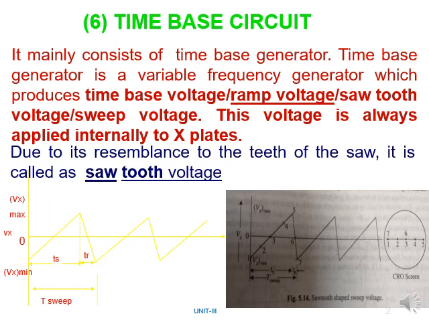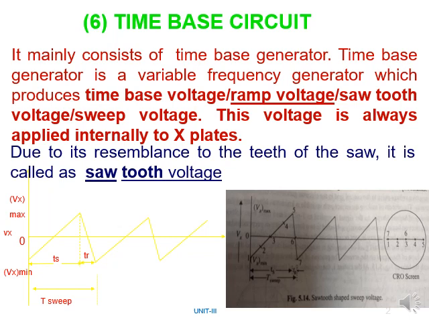And the second part varies from 5 to 7, that means from maximum positive voltage to minimum negative voltage. That part is known as flyback time or retrace time.